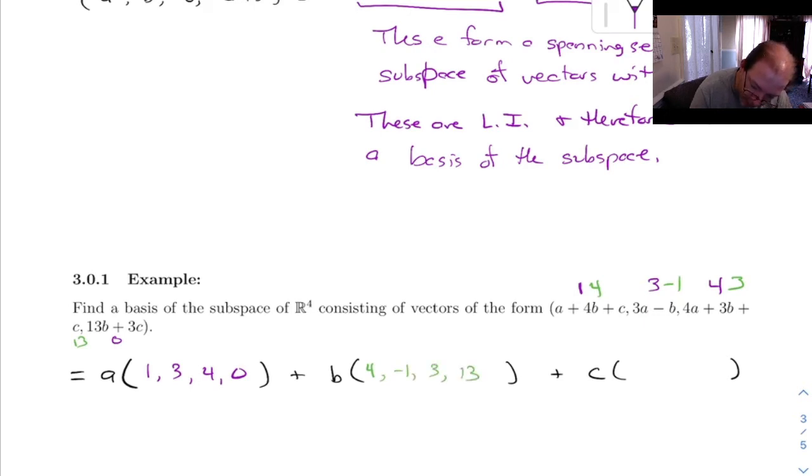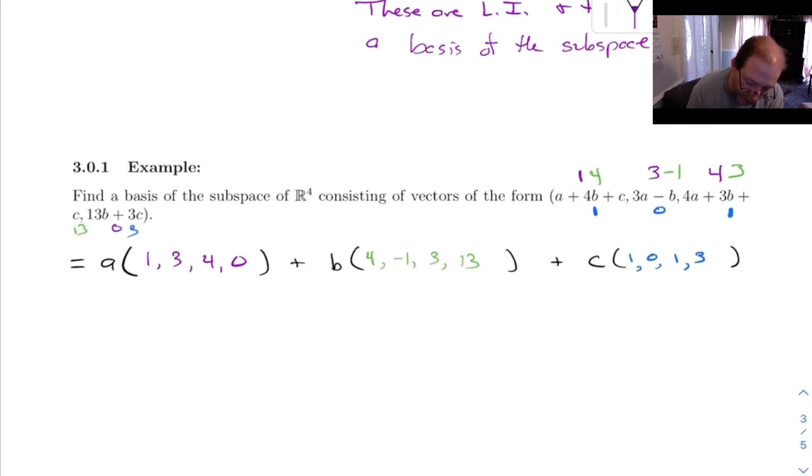And for C, let's see, C we've got 1, 0, 1, although we got cut off, and 3. All right, so those three vectors form a spanning set.